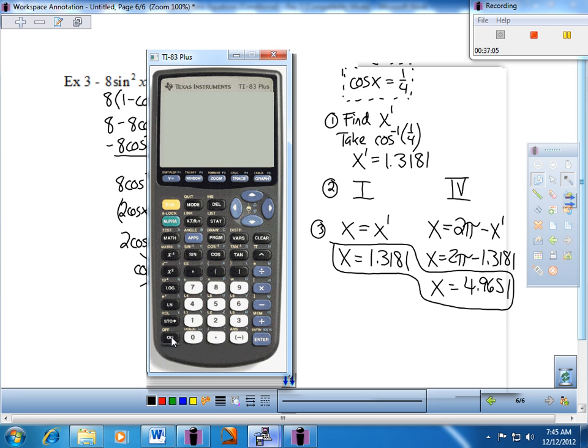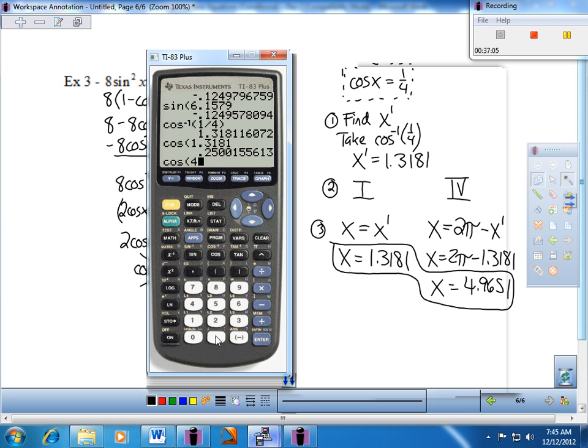But let's go ahead and just take a quick peek. Remember, I'm looking for the angles that have a cosine ratio of 1/4, or 0.25. I said this is one of them up in quadrant 1, so let's test it out. Cosine of 1.3181 should be right around 0.25. And there it is, looking good. Then there's another one down in quadrant 4 that has that same cosine ratio.